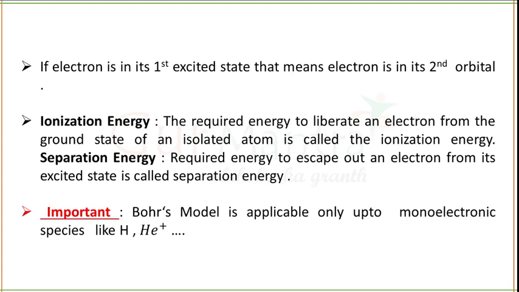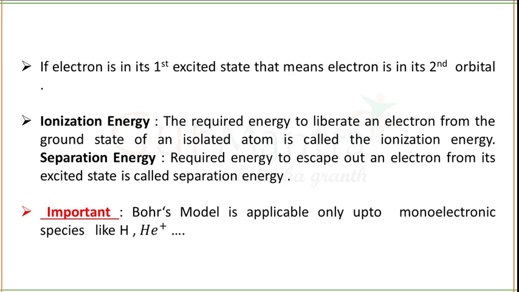If electron is in its first excited state, that means electron is in its second orbit. So, by this point, you can get the clear relationship between excited state and orbit.